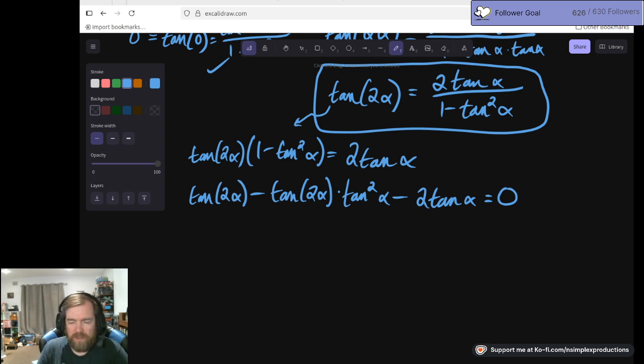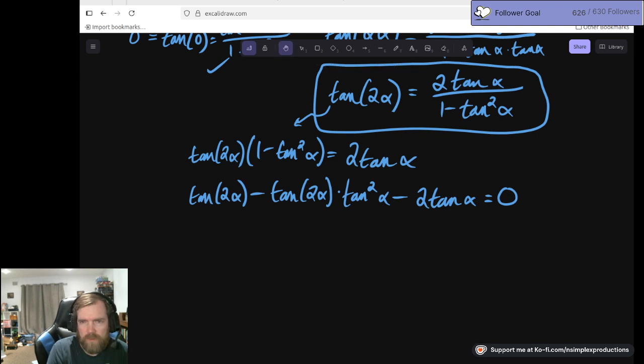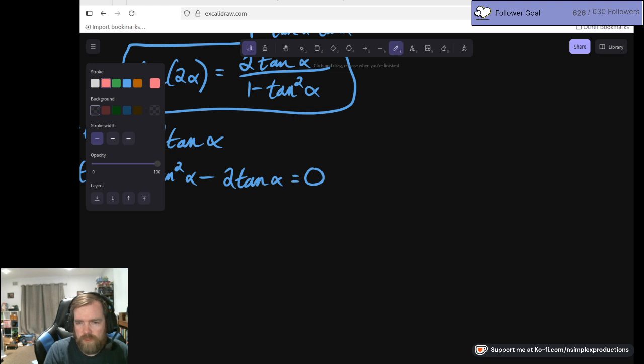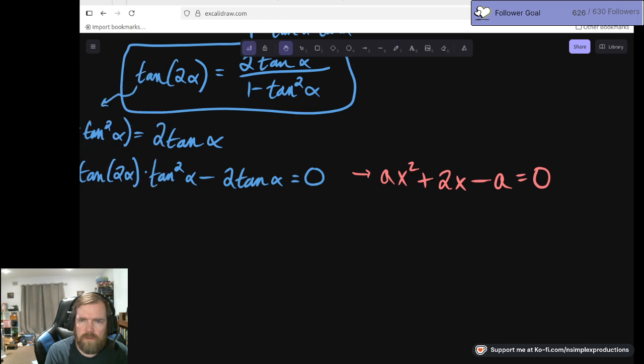Alternatively, we do have something that looks like, if we were to shift everything to the other side, ax squared plus 2x minus a is equal to 0.